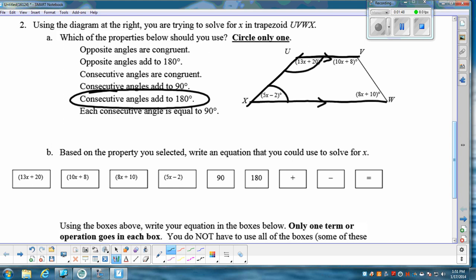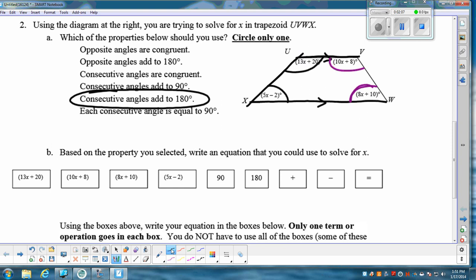Be careful, not every pair of consecutive angles will add to 180, only the ones that are in between your parallel lines. So the ones I've marked in black and also the ones that are marked in purple. Those are your only two pairs that will add to 180.